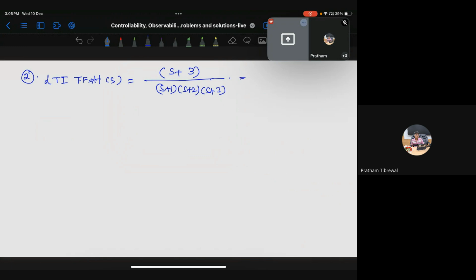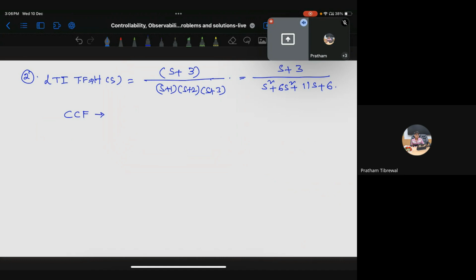Now this can be written as (s plus 3) over s cube plus 6 s square plus 11s plus 6, if you multiply all the denominator factors. So now whenever a transfer function is given to you, we can write this in CCF form.